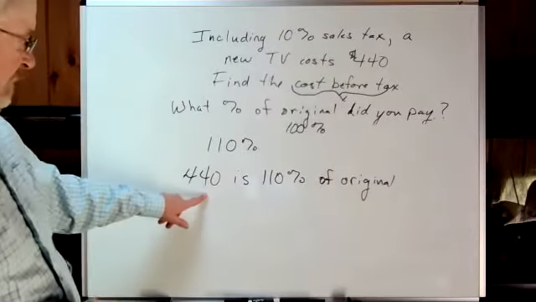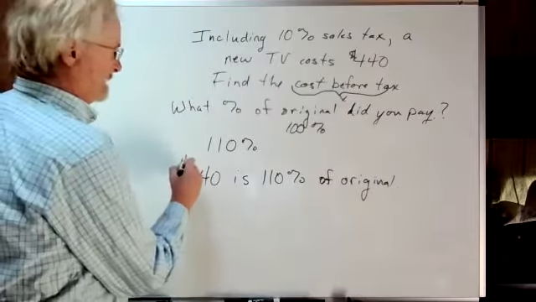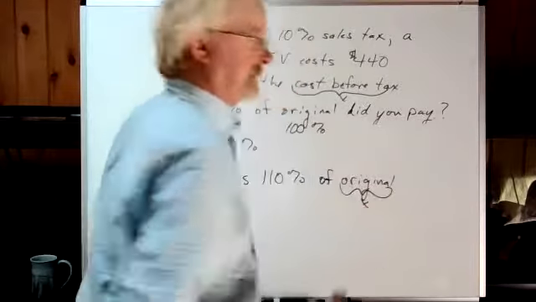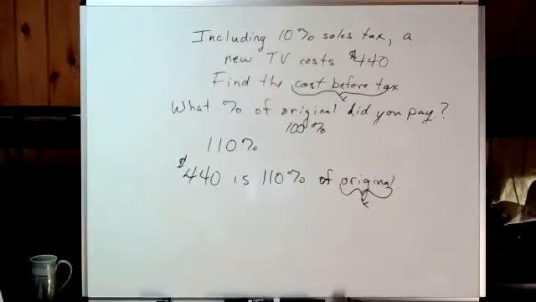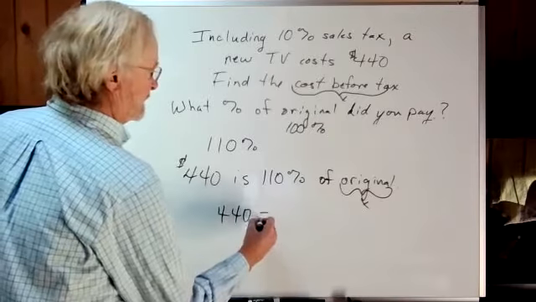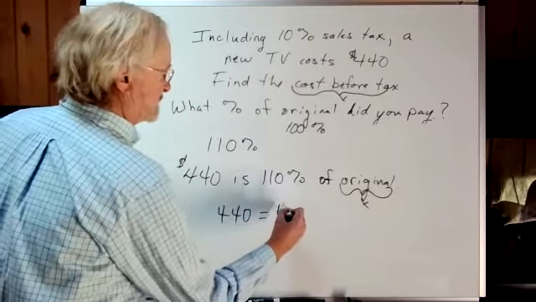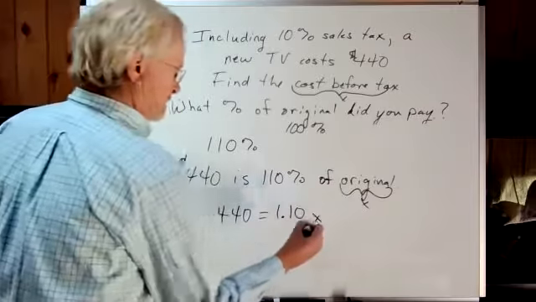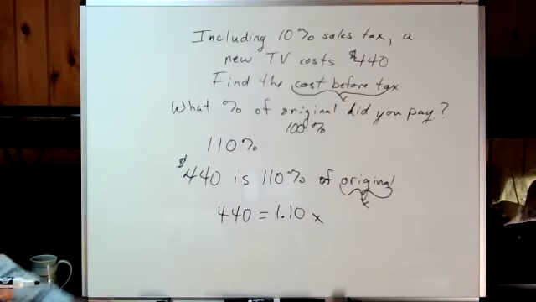So $440 is 110% of that original value, that cost before tax. So 440 is, now 110%, gotta switch that to decimal. And like you said, once you get to the equation, you're okay.